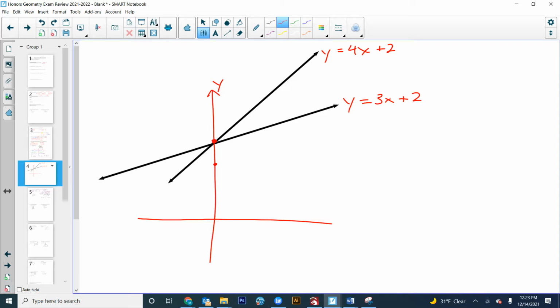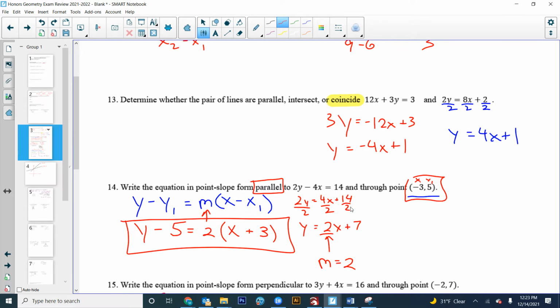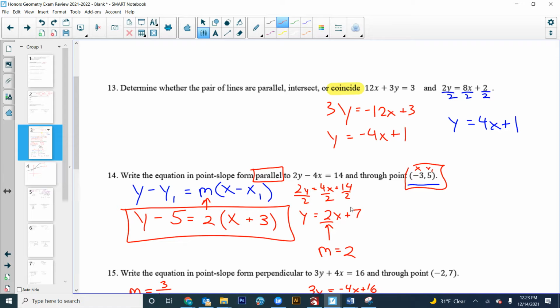So when you look at lines, the first thing you should look at is, do they have the same slope? Well, what's the slope of this line? -4. How about this one? +4. Are they parallel? Are -4 and +4 the same?